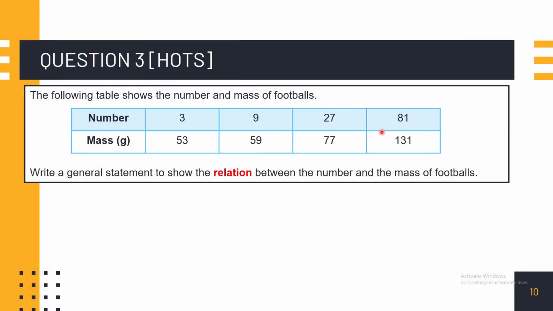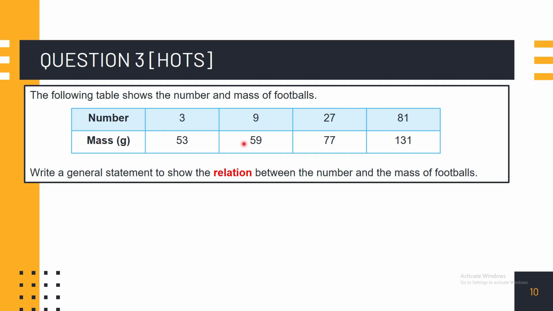Okay, for question 3. This question is in your last exercise, which is the HOT question, high order thinking skill question. A lot of you asked me to discuss this question. The following table shows the number and mass of footballs. The first row is the number, and the second row is the mass.